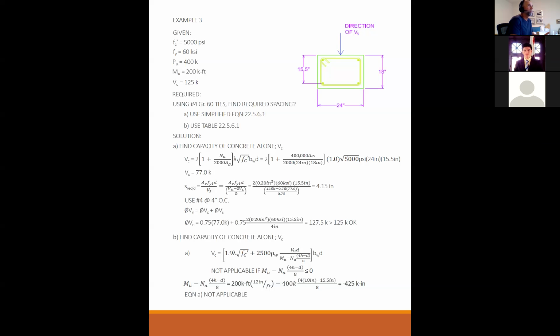It's weird, but we kind of use Tu if it's in tension and Pu if it's in compression. They want this equation here to be good for either tension or compression. So they use Nu, and then they just say that Nu is positive if the column's in compression. I think that's why they did that.